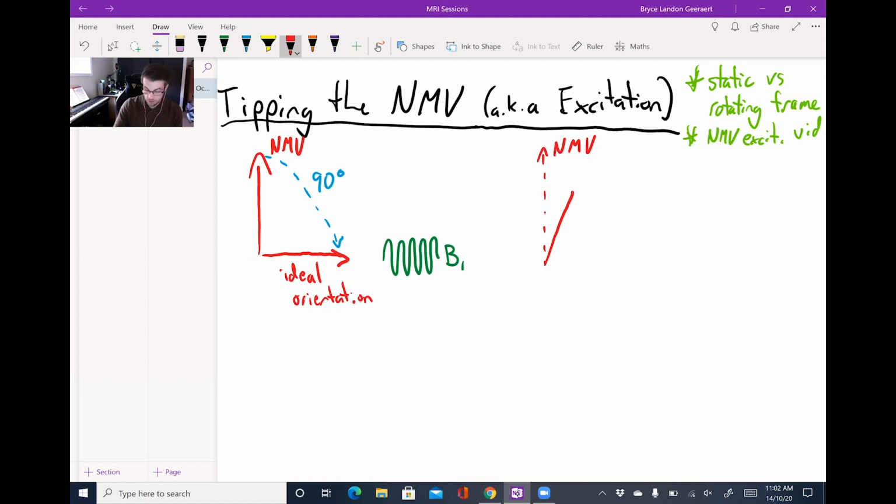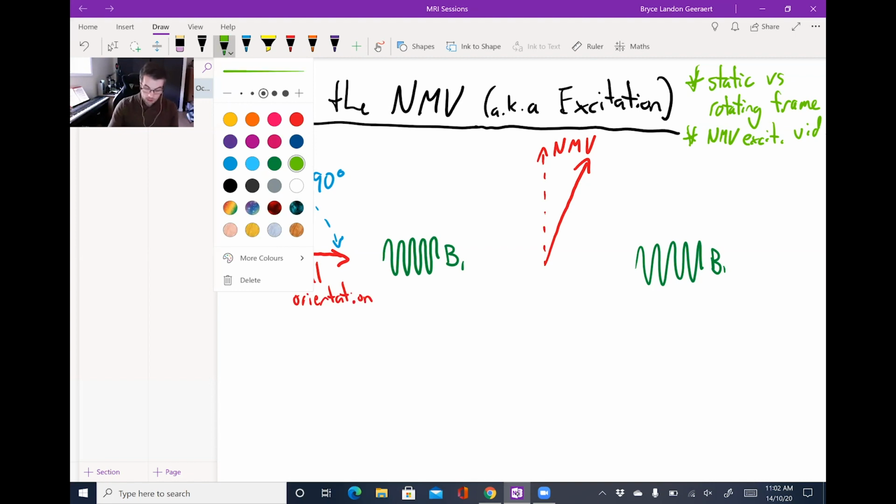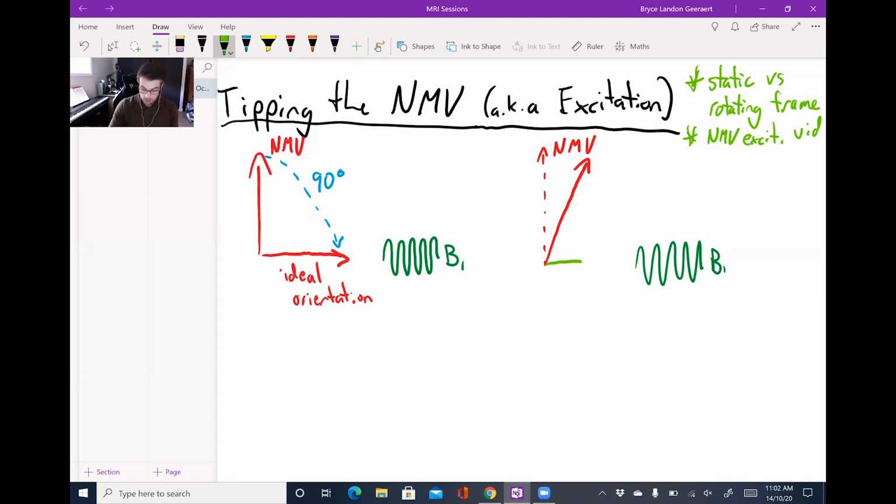As soon as we have some tip, and this is our current orientation of our NMV red arrow, even though the B1 field over here is all enticing and exciting, and the NMV still wants to align with B1, there's now a transverse component to the NMV, which I would like to draw in green here. And that is going to interact with the B0 field, which again is very strong, has lots of power, and it's going to cause precession.